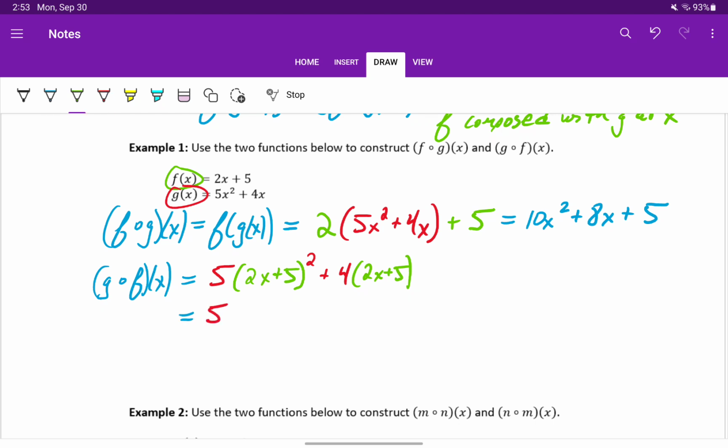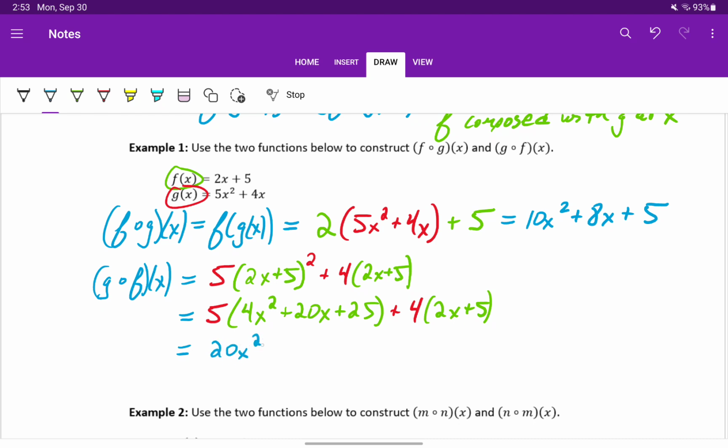The first thing we'll do is expand out 2x plus 5 squared, which means taking that quantity by itself, times itself, to get 4x squared plus 20x plus 25, plus 4 times 2x plus 5, which in this step we haven't changed. Now we'll distribute through and then look at combining like terms.